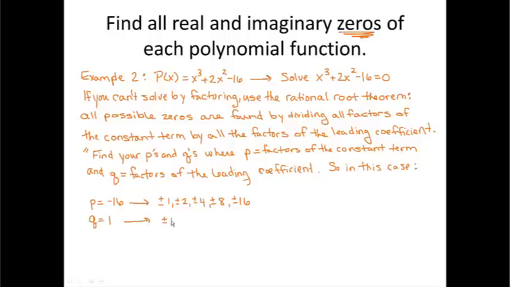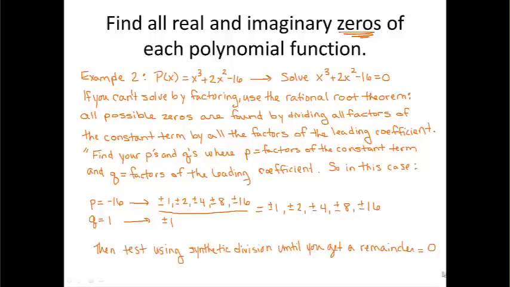And then for 1, we know that that's just plus or minus 1. So we want to divide our p by q, and that will, in this case, still give us just plus or minus all the values in the numerator, but had our factors of q been more than just 1, we'd end up with a number of fractions.